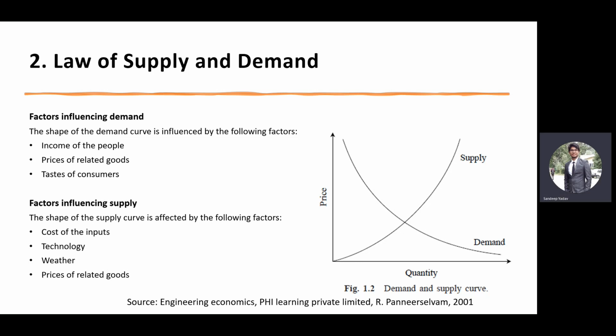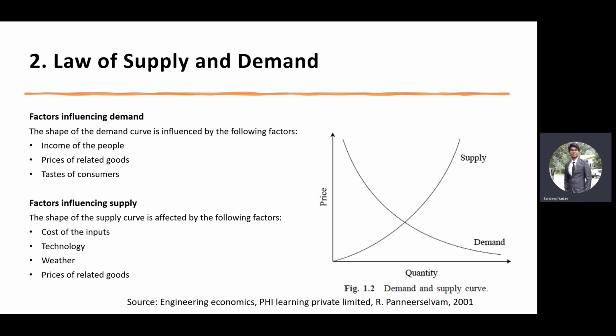Coming to the other point, that is factors influencing the supply. If the cost of the input increases, then naturally the cost of the product will go up. In such a situation, at the prevailing price of the product, the margin per unit sold will be less. The producers will then reduce the production quantity, which will in turn affect the supply of the product.